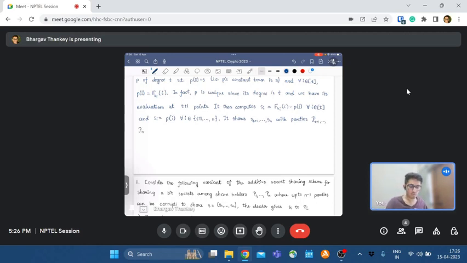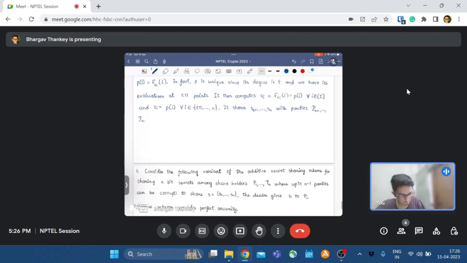Yeah. So it only shares some shares with parties t plus 1 to n. So it does not share shares with t parties P1 to Pt. And what do P1 to Pt do? Like how do they get their shares?